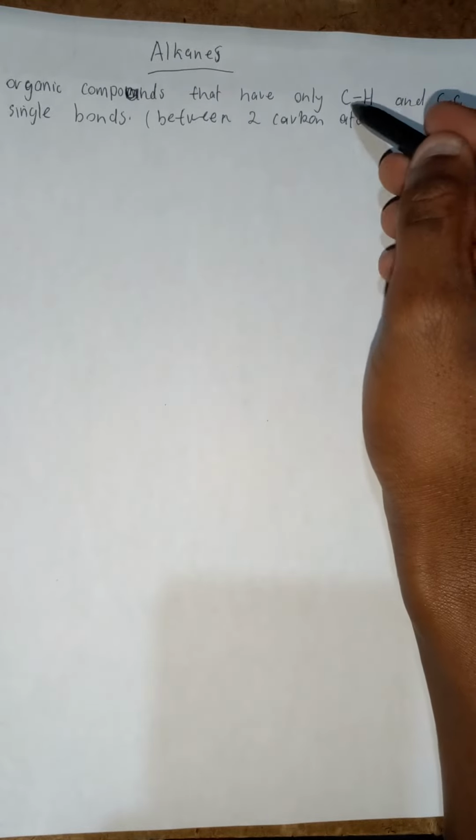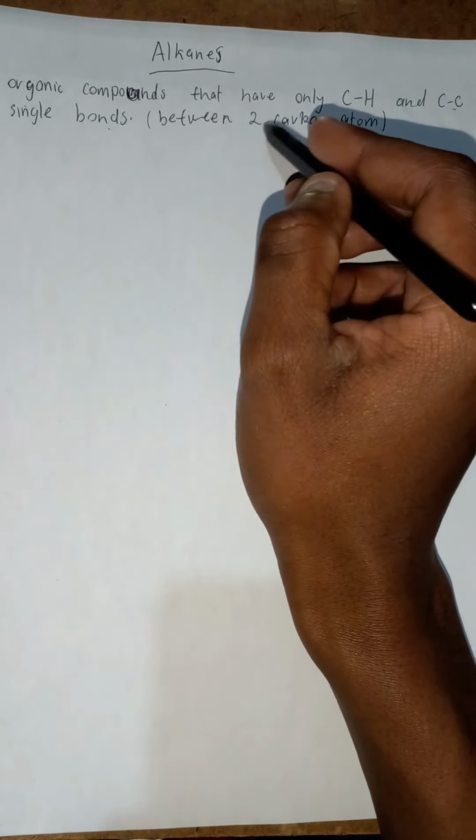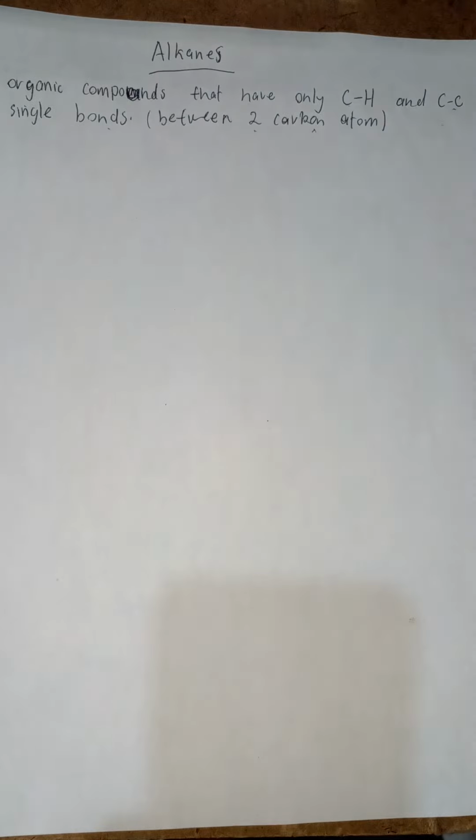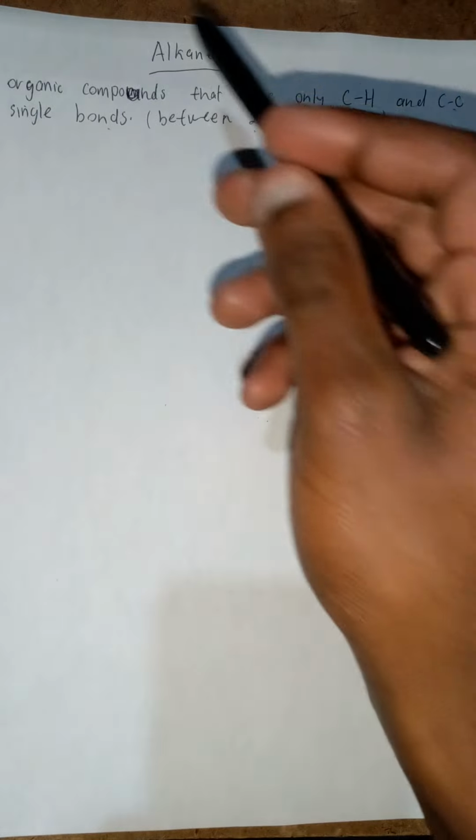An alkane is an organic compound that only has carbon hydrogen and carbon carbon single bonds. Between a carbon and a hydrogen there's a single bond, and between a carbon and a carbon there's also a single bond. That is defined as being an alkane.